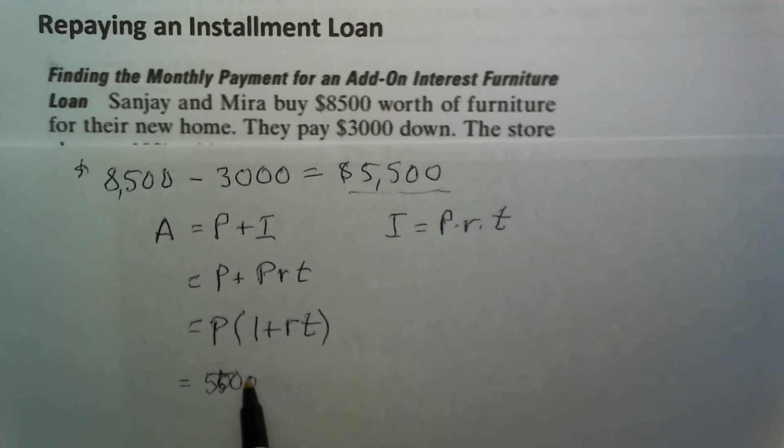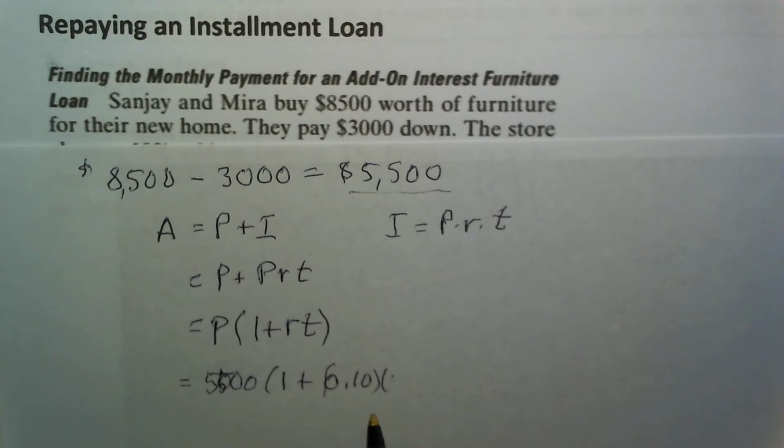$5,500 times (1 plus 0.10 times the number of years, 2.5). Better make that a bracket.